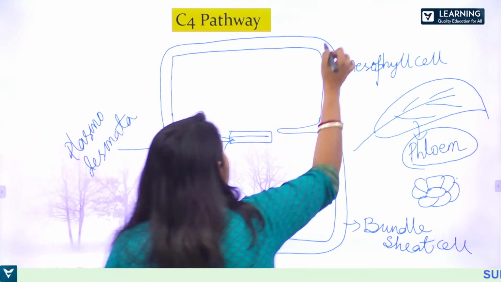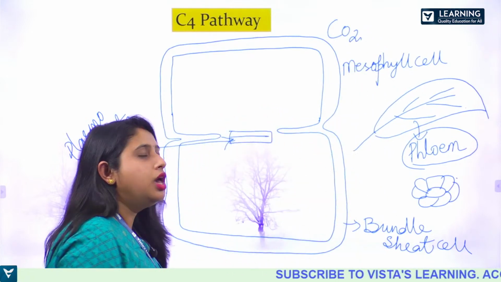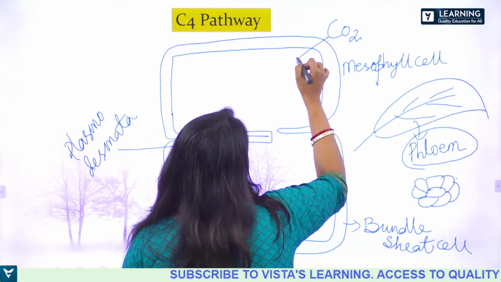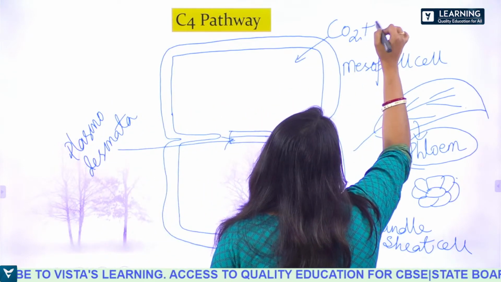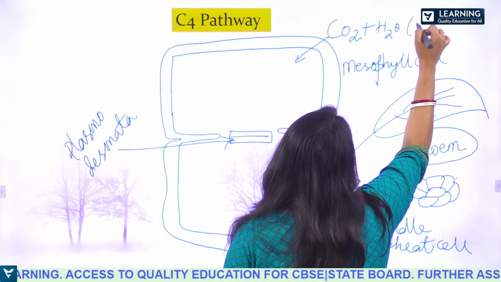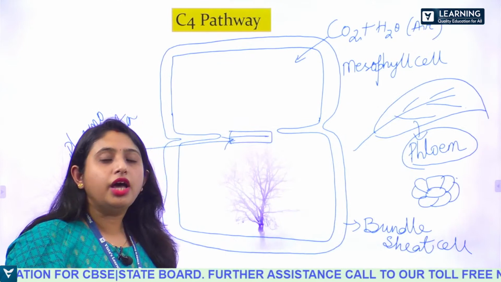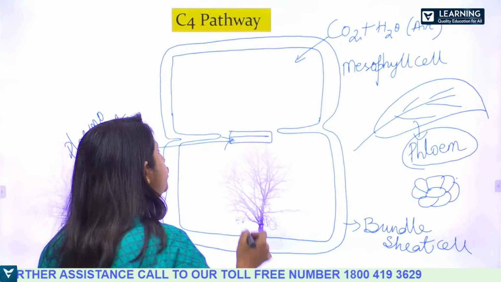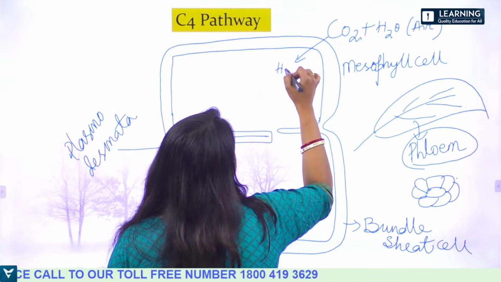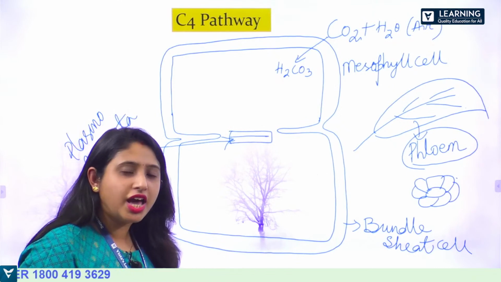During this process, the carbon dioxide which is present outside will come inside the mesophyll cell. Carbon dioxide and water are present in the atmosphere. When carbon dioxide and water combine together, they form carbonic acid, H2CO3.